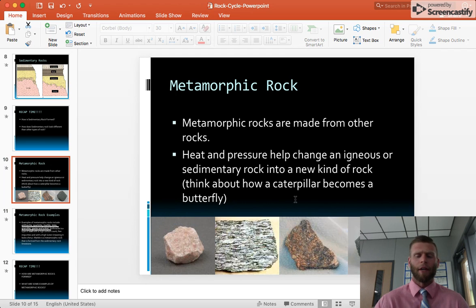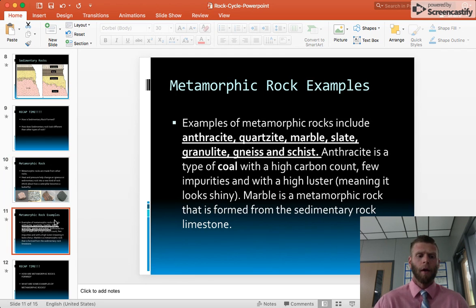Think of how a caterpillar becomes a butterfly, right? Something totally different. Some metamorphic rock examples: you have gneiss, schist, slate, marble, quartzite, all examples of metamorphic rock. And marble is a metamorphic rock that's formed from the sedimentary rock limestone.